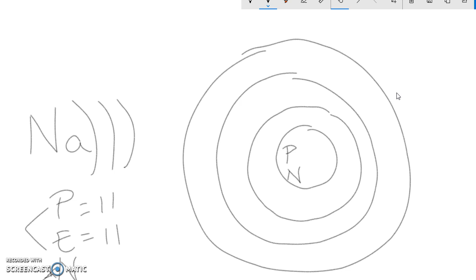Okay, so you take atomic mass, which I can't remember what it is. It's 23 minus 11, which is going to give you 12 neutrons. Okay. All right. So the very first thing I tell my students is place your protons and your neutrons and to mark them out. So this has 11 protons and 12 neutrons.